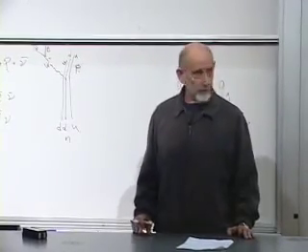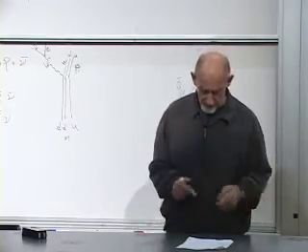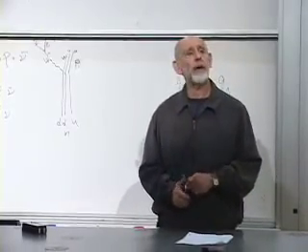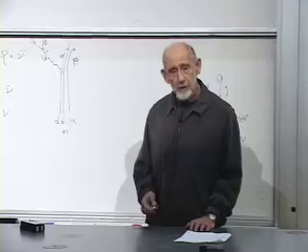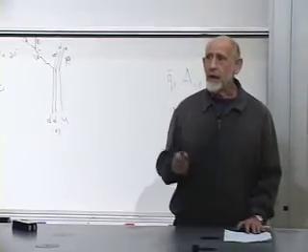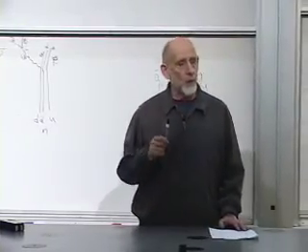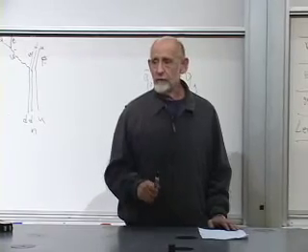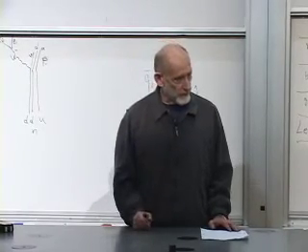Okay, now let's see, where are we? I think we're finished for tonight. But remember, we have a puzzle. The puzzle is, why is it that the weak interactions give such slow decay rates?